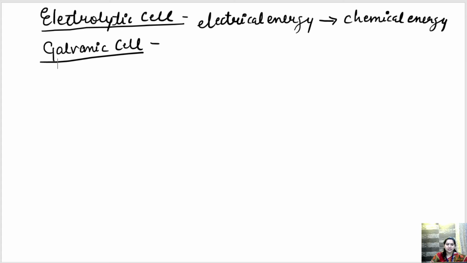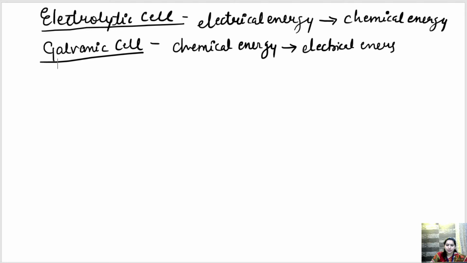So in a galvanic cell, chemical energy is getting converted into electrical energy. Alright, so they are working just opposite to each other. Electrolytic cell and galvanic cell are working just opposite to each other.